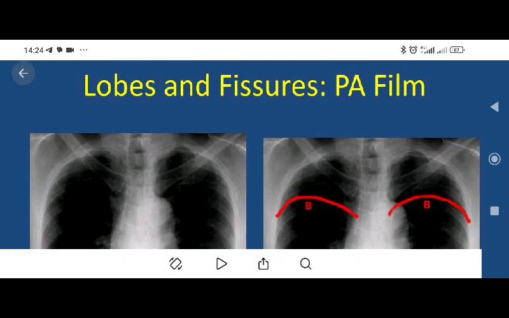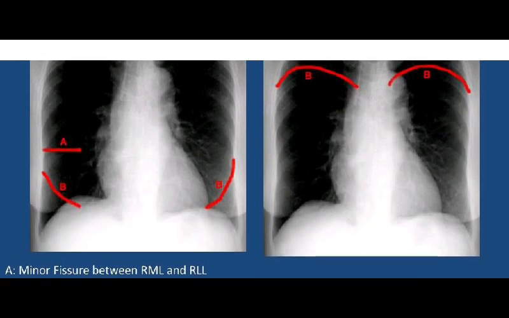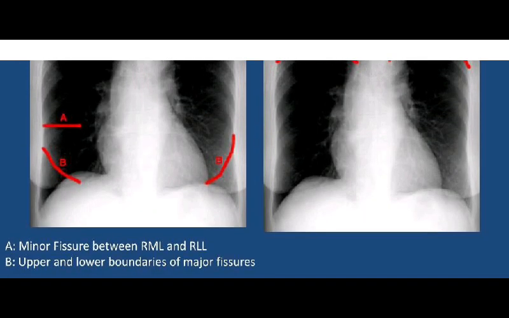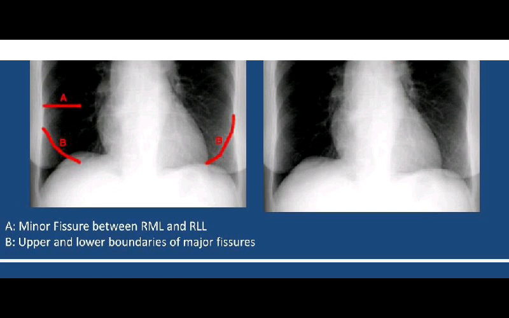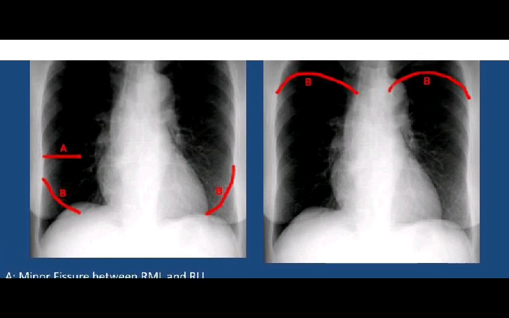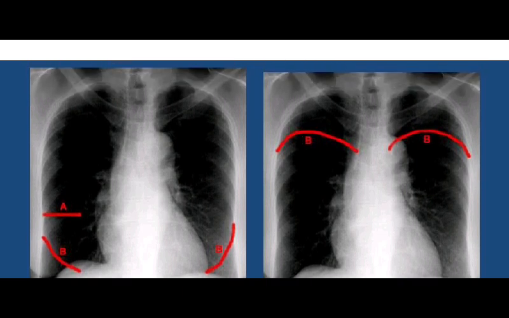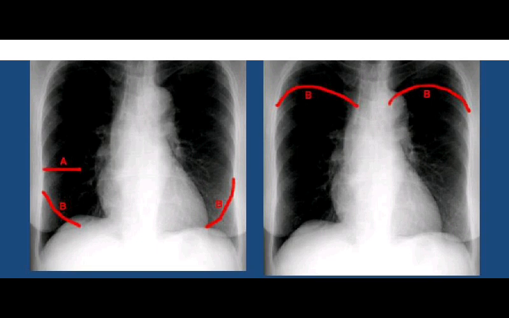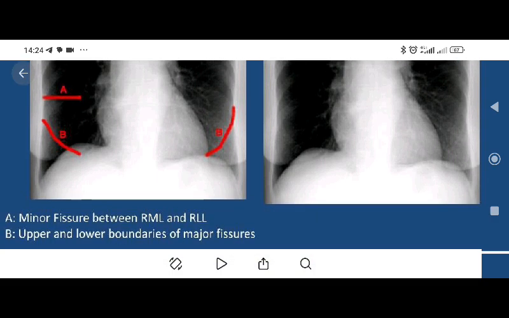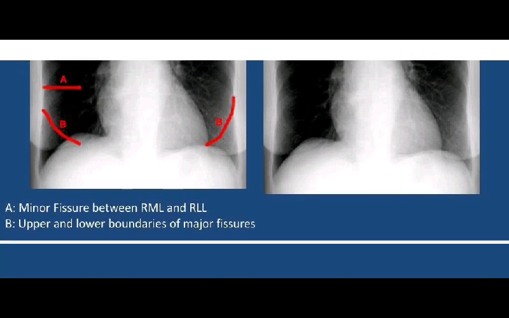Now you can see the lobes or fissures on the PA. In the last class we identified the lobes. Here you can see the minor fissure between the right middle lobe and the right lower lobe. So we are identifying the lobes here. You can see B showing that from B upwards is the upper lobe, and B in the first image indicates the lower lobe.